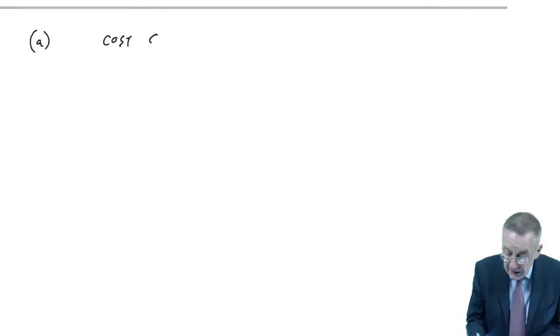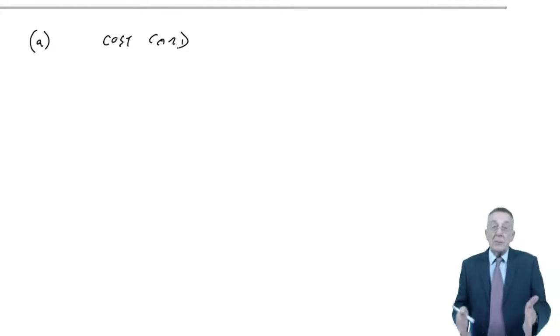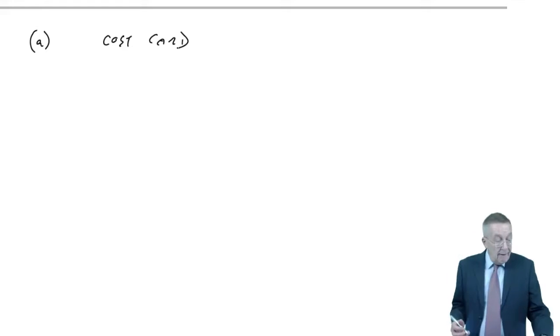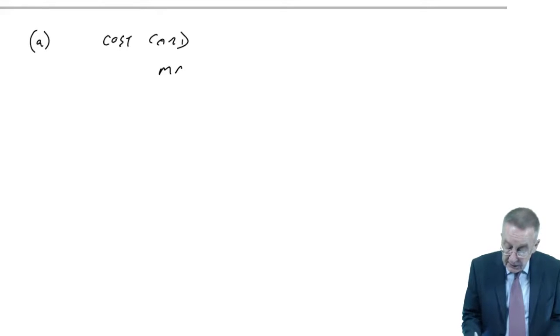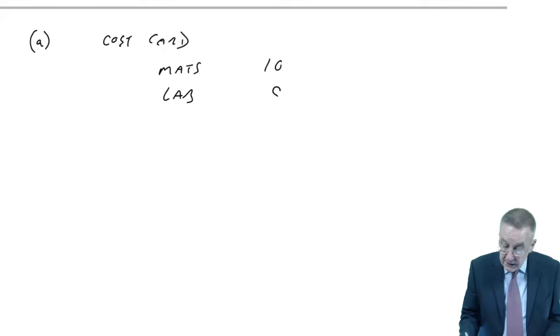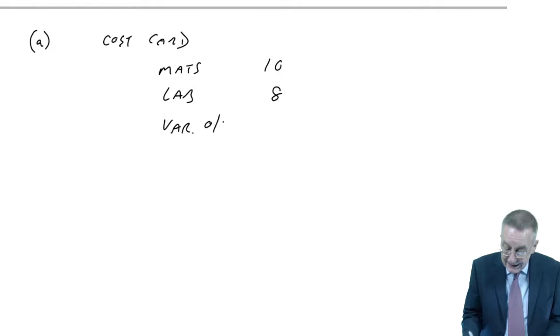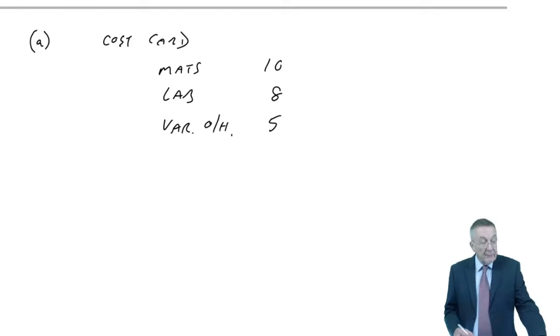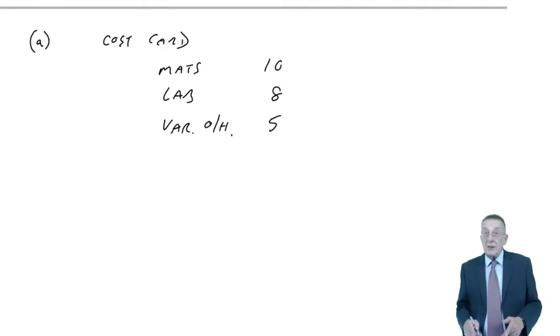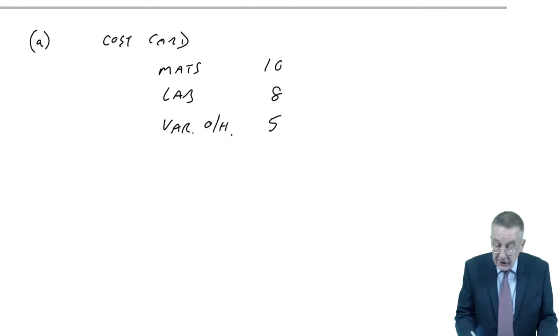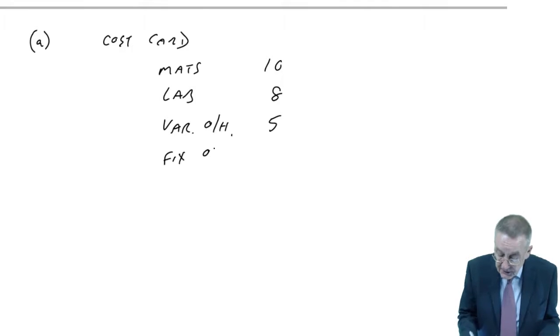We'll produce a cost card to see how much each unit is costing us. And here, straight off, materials, $10, labour, $8, variable overheads, $5. They want the full cost, and so we also need to bring in the fixed overheads.